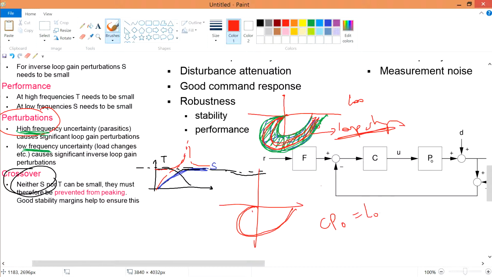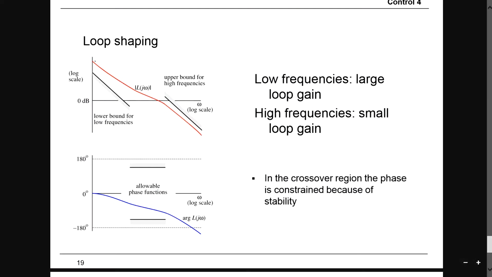So if you were to change your loop gain of its shape or its perturbation size by this, you're talking about loop shaping. This is in fact loop shaping, and you loop shape such that your output over here is still bounded, within the portion of what we have said.